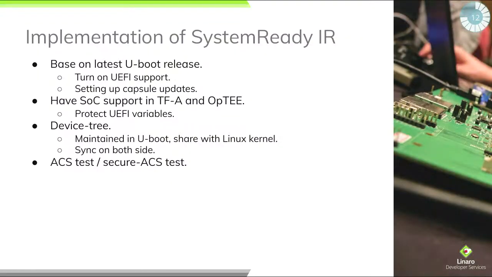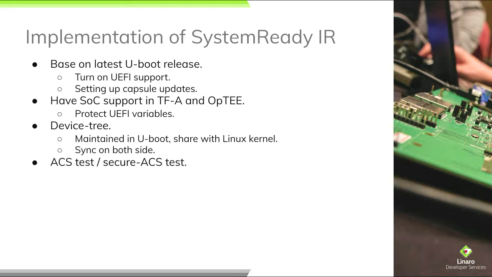Okay, if you don't have questions, I'll continue with the slides. For the board vendors who want to implement SystemReady IR, I suggest you rebase your BSP to the latest U-Boot branch, because we upstreamed some features in the latest U-Boot branch, so it's better to rebase on that.